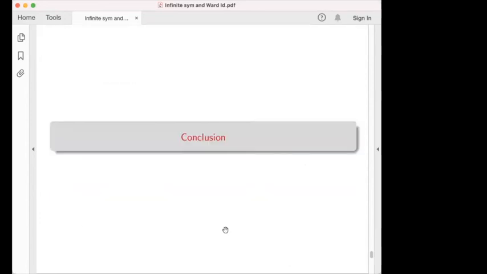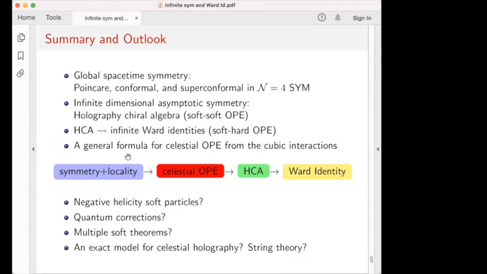Now I will conclude. In this talk, I discussed two types of symmetries. First, global symmetry, which includes the Poincare, conformal and the superconformal symmetry in N=4 super Yang-Mills. I presented the explicit generators for this symmetry on the celestial sphere. I also discussed asymptotic symmetry from the celestial conformal field theory point of view.